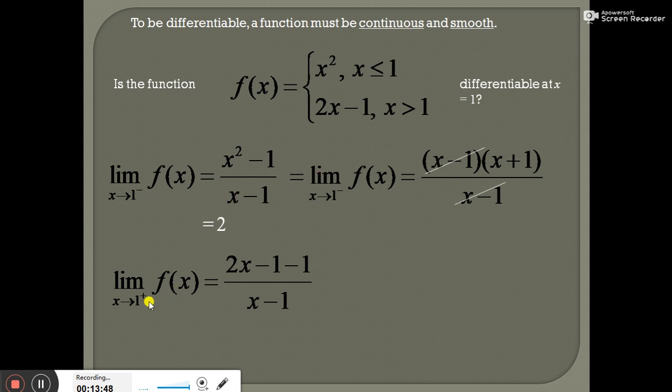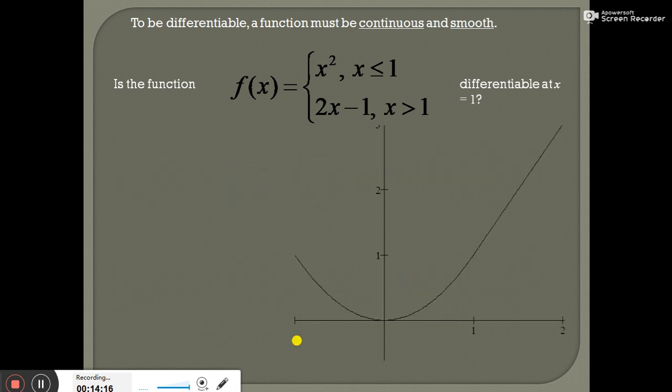Now for the right hand derivative, limit x tends to 1 positive, where the function is 2x minus 1, so 2x minus 1 upon x minus 1. Simplifying this, cancel the like factors, we get equal to 2. Both are equal and therefore the left hand derivative is equal to the right hand derivative. It means the function is differentiable.